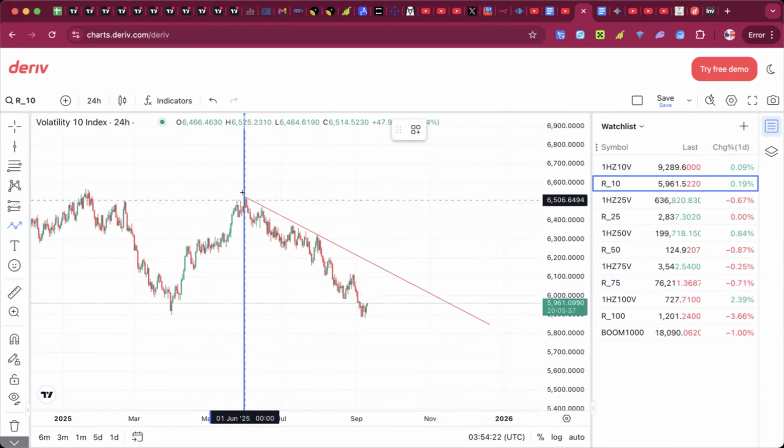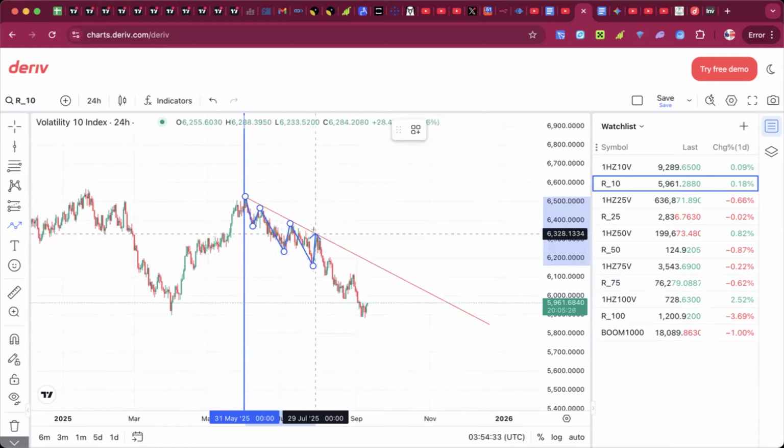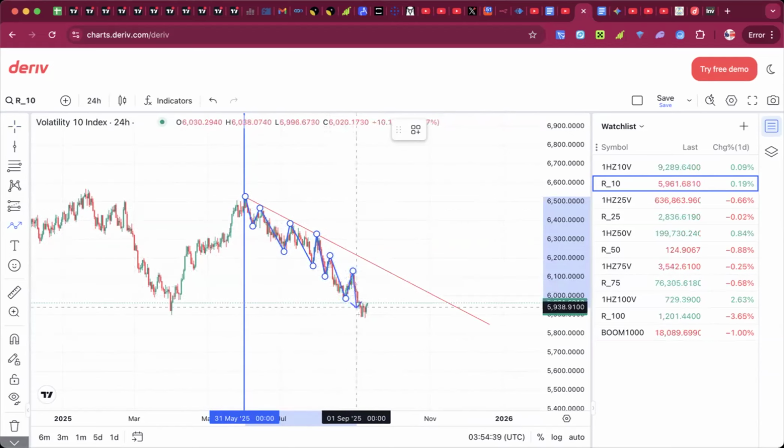So here we have a swing low, a swing high, a swing low, a swing high, a swing low, a swing high, now a swing low. Now, the question is, if you look at this, to what extent is this going to travel? Will it travel back to this point? Maybe not, but at least it's going to pull back.